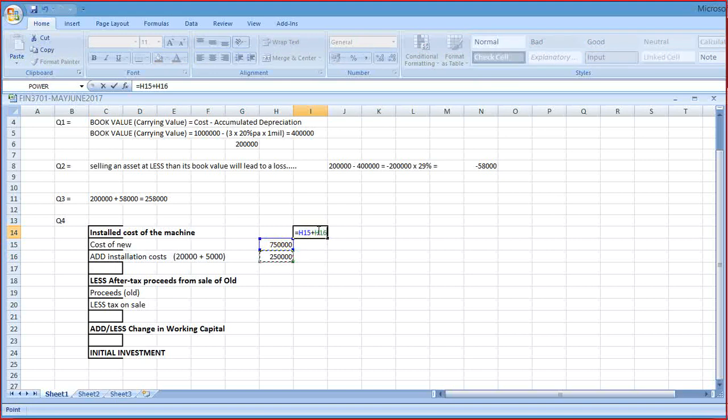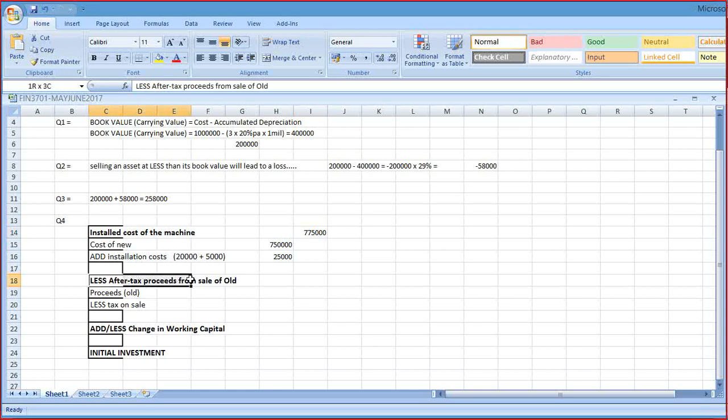Then you add the 2 and you would show this in your working. Too many zeros here. Okay, that's better. 775,000 is the installed cost of the new machine, less the after-tax proceeds from the old. Here we don't have to redo what we've done because we've got it. We can just reference figures from before.